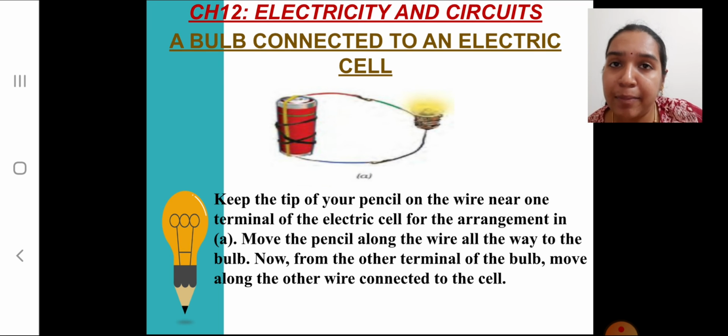Keep the tip of your pencil on the wire near one terminal of the electric cell, and move your pencil along the wire all the way to the bulb, and then from the other terminal of the bulb which you have drawn, move along the other wire connected back to the cell.